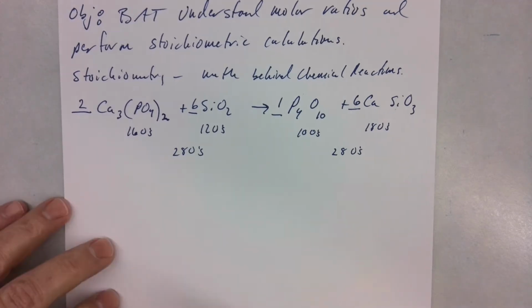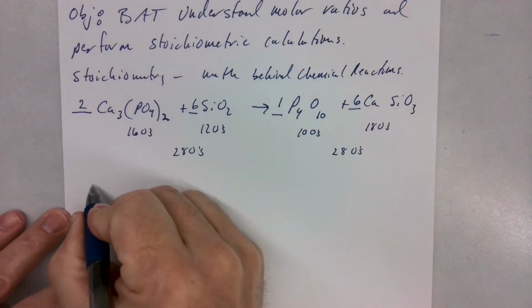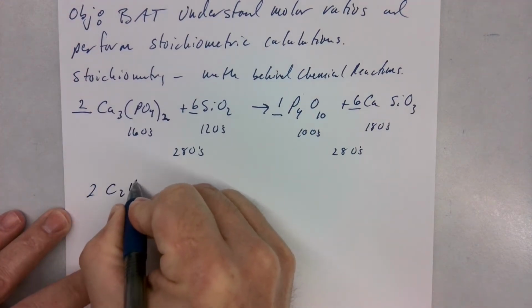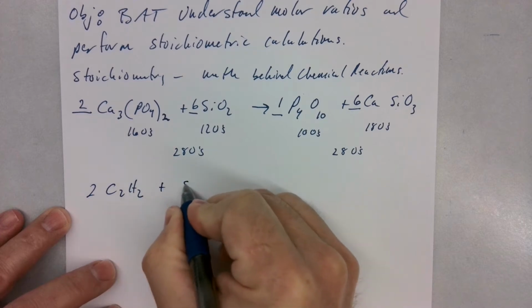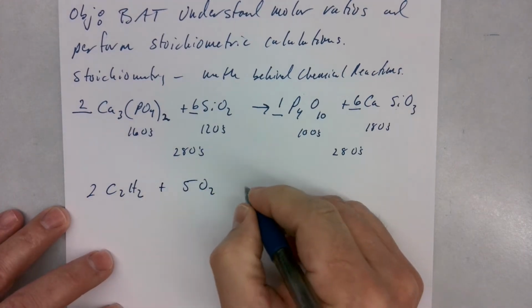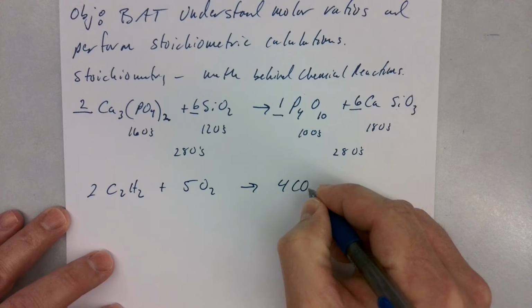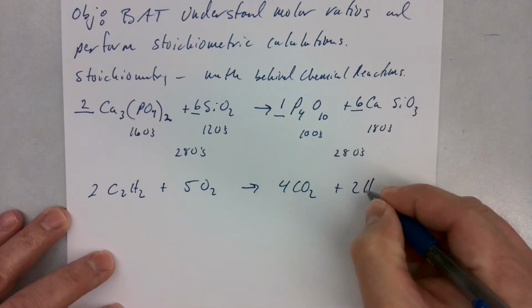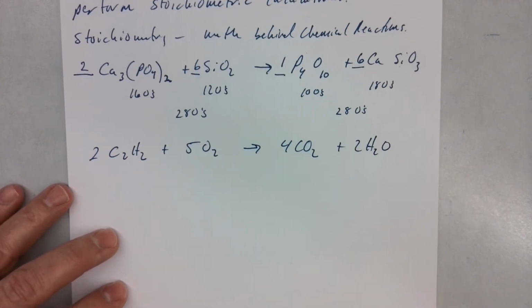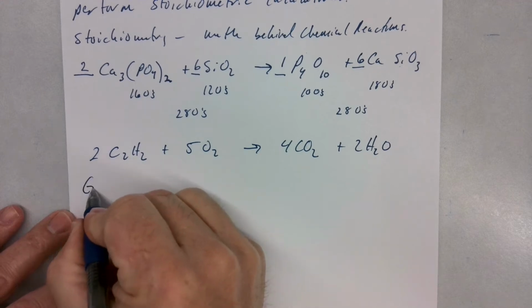Alrighty, so we're going to start with this equation. 2C2H2 plus 5 O2s yields 4 CO2s plus 2 H2Os. Now, this is what's going to happen. They're going to say something like this.